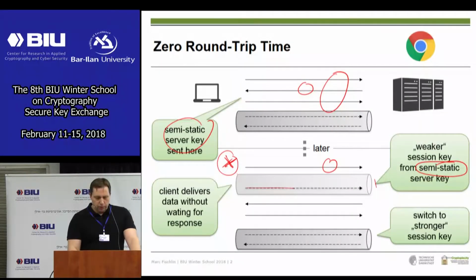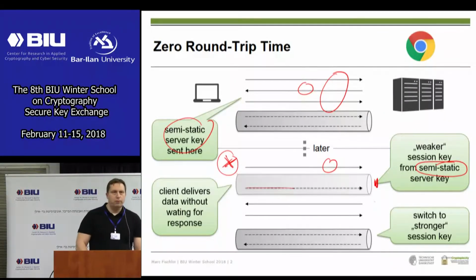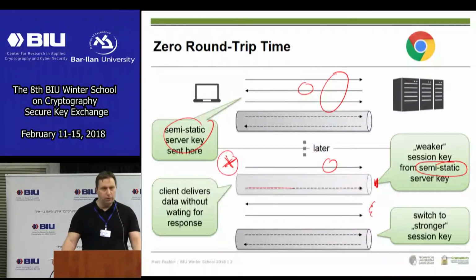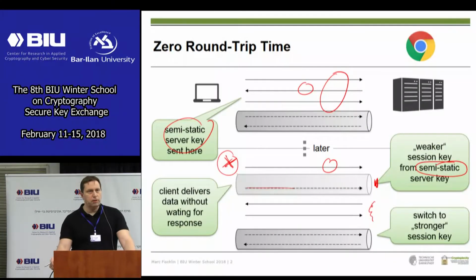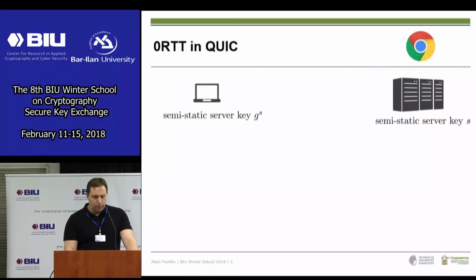But if you reconnect, you can just start sending data immediately. Now, as a human being or as a client, this may save you a few milliseconds on your connection, but if you think in terms of Google, it saves them a lot of time and work, right? Because they get the data immediately, and then later can continue the key exchange.